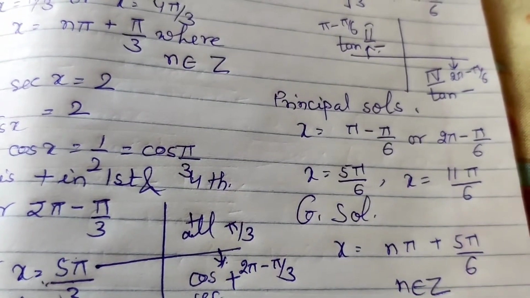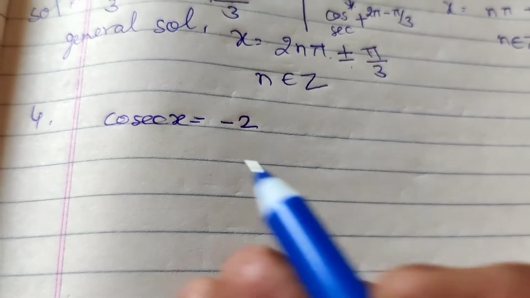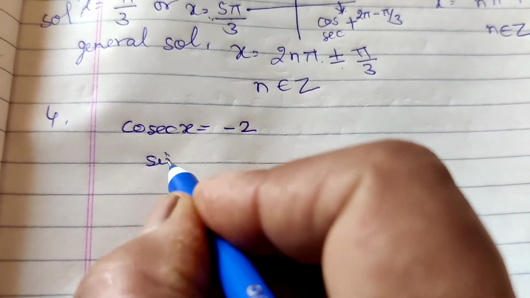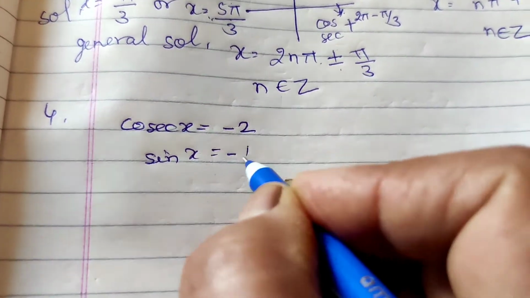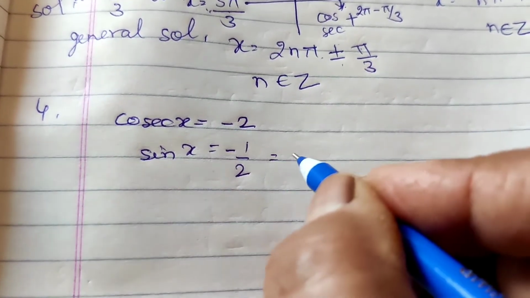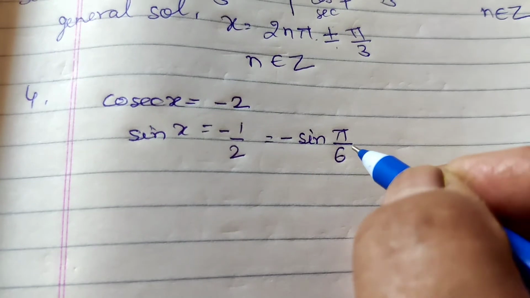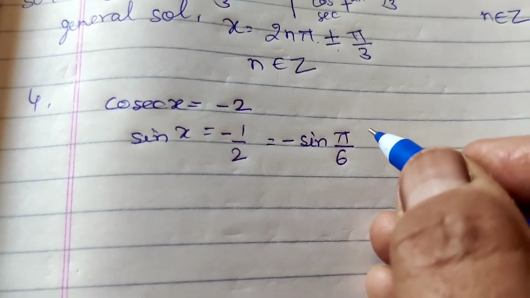Next, question number 4. Cosec x equal to minus 2. It means sin x equal to minus 1 by 2. And the value of sin for 1 by 2 is pi by 6, that is 30 degrees.